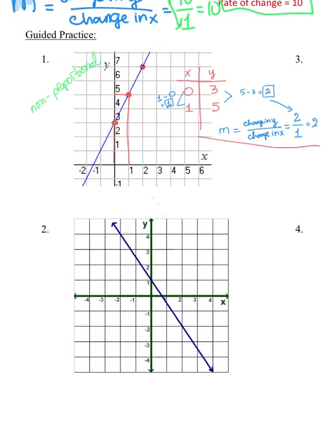So if they don't give you a table, we're going to have to create a table. So again, I will make a table, have X and Y. So they don't give you the point, and we're going to have to choose the point using this graph right here.